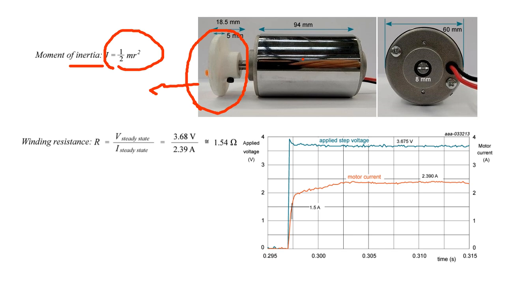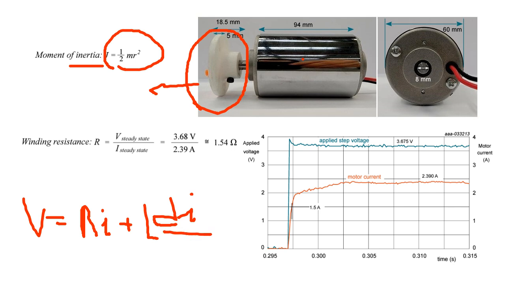Another one, winding resistance. Winding resistance is used for calculating the steady state voltage value and steady state current value. Why can we calculate the resistance of a DC motor? Because the main voltage equals R times I plus L di/dt plus E. L times di/dt is negligible for steady state operation; we can assume it's zero.